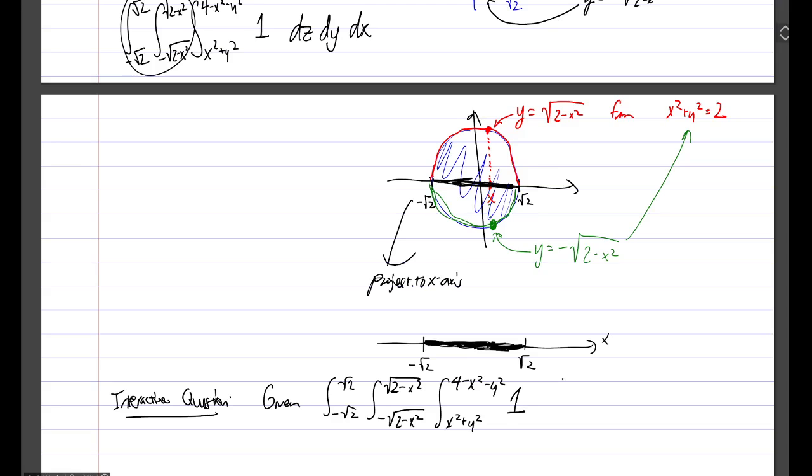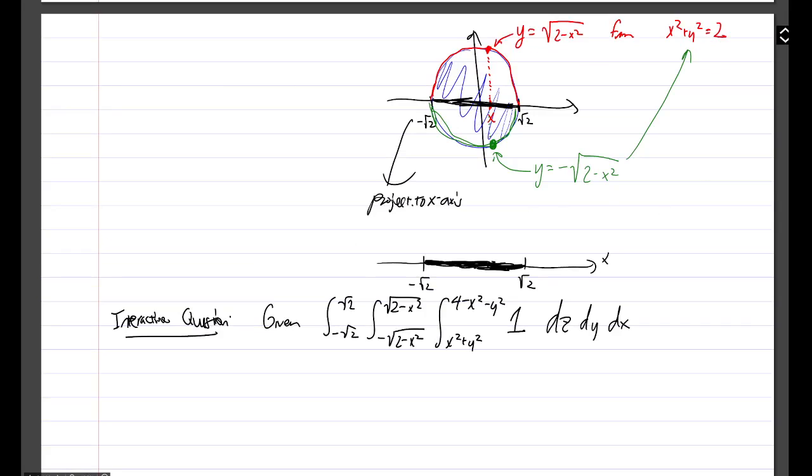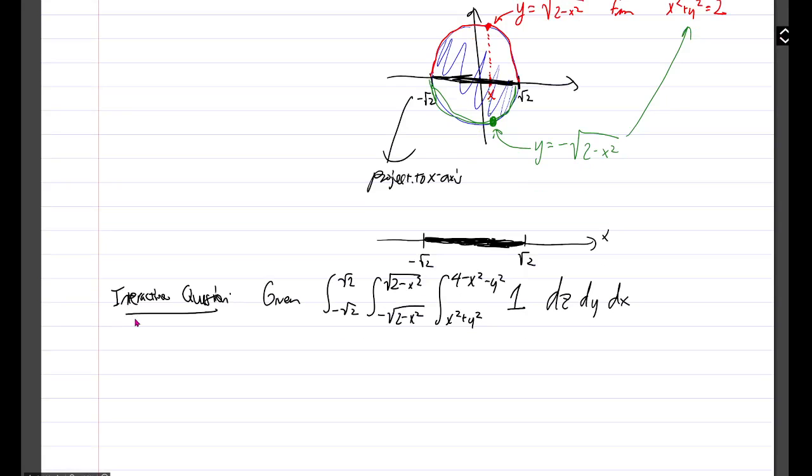It could have been a different function, but we were asked to find the volume of the three-dimensional region, so that's why there's just a 1 here. dz, dy, dx. So given this, do the inner integral, the one with respect to z.